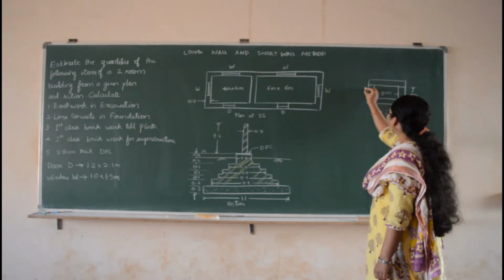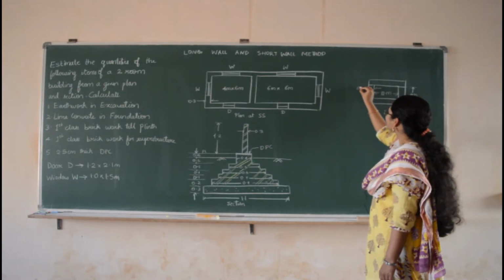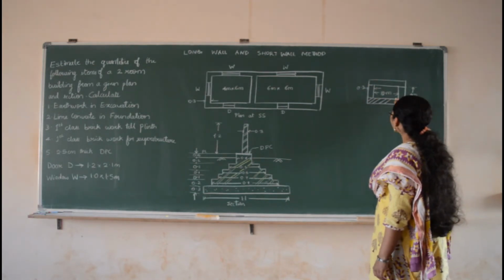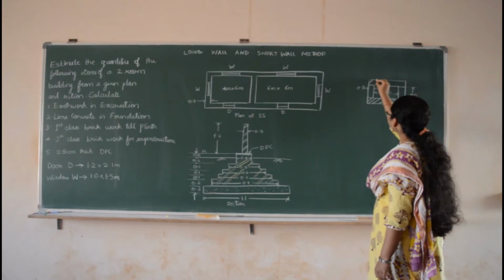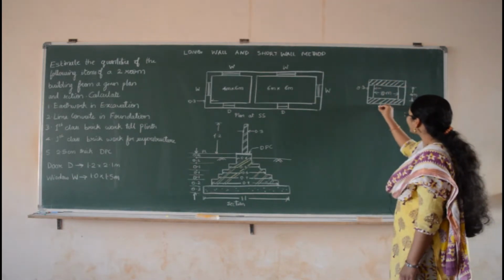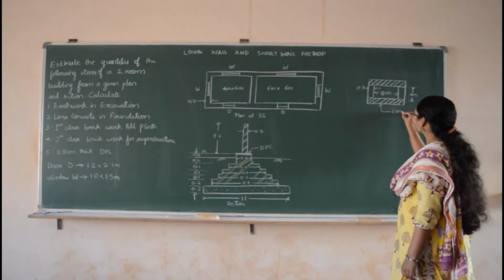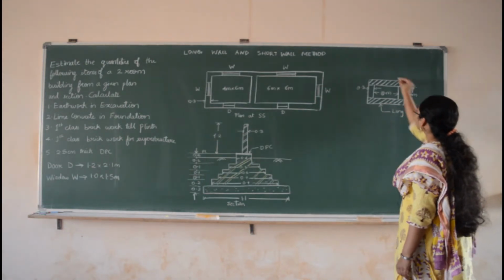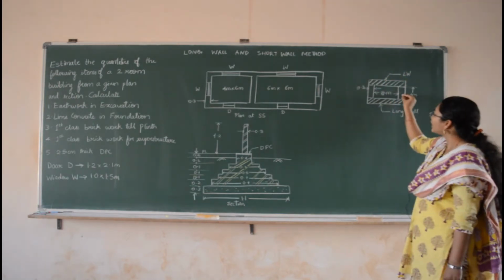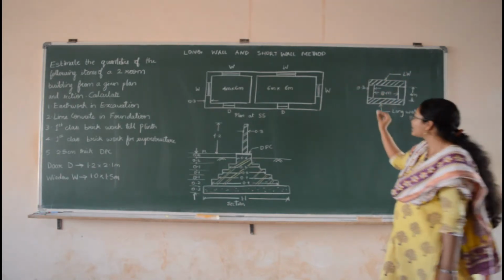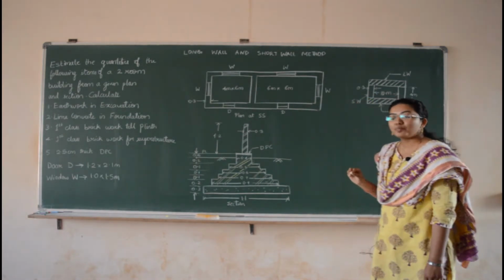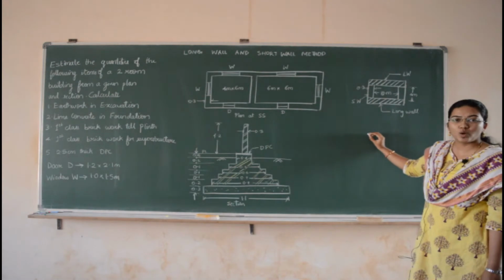Here the wall thickness I'll consider as 0.3. The longer length I am going to divide with respect to the thickness of the wall. So this becomes the long wall, and even this will be the long wall. The remaining 2 parts we will consider as short walls. Now, what is long wall and short wall?